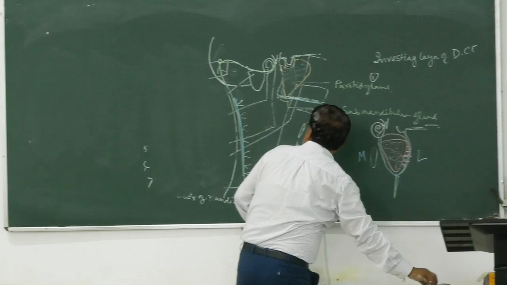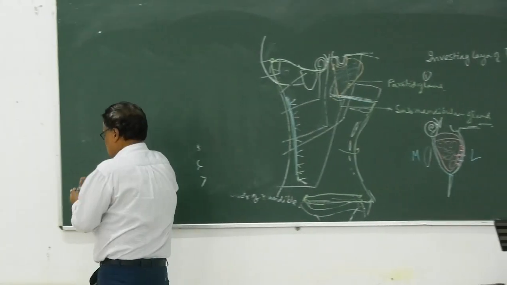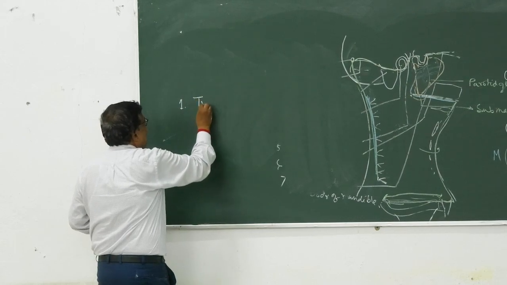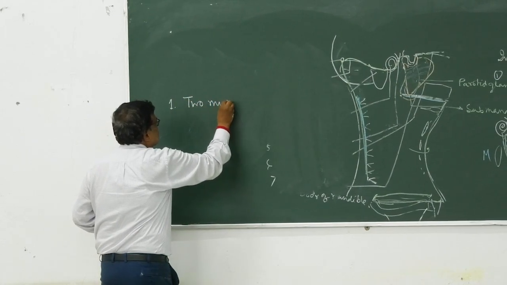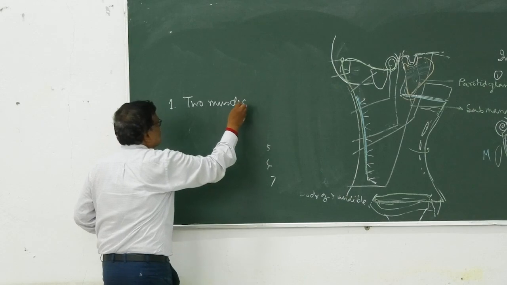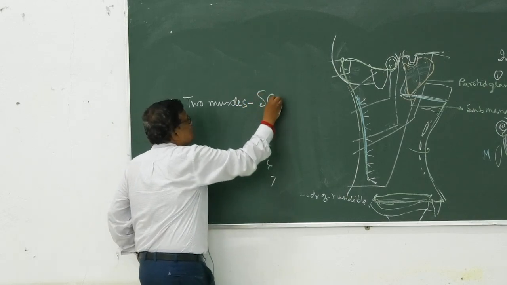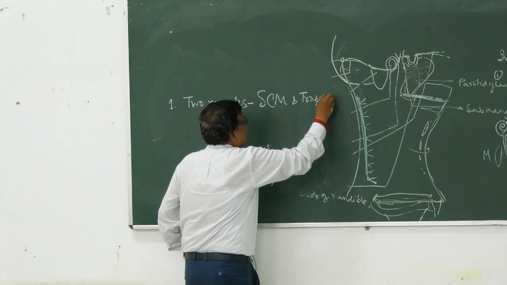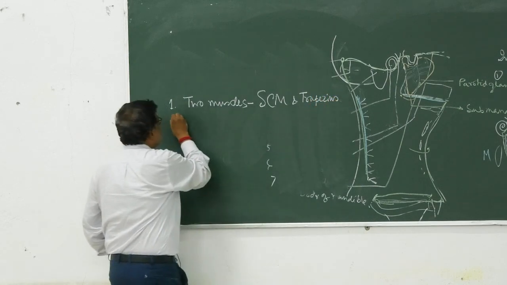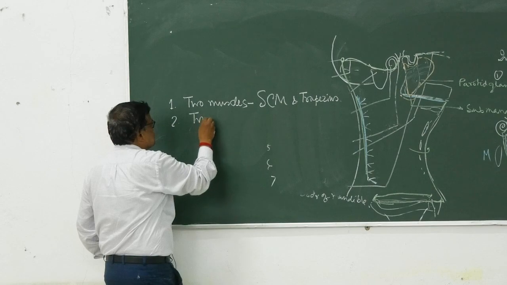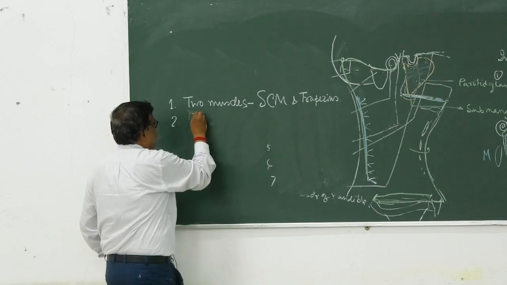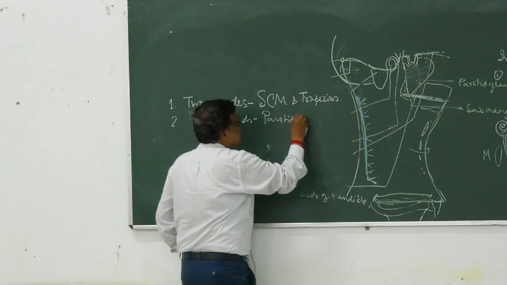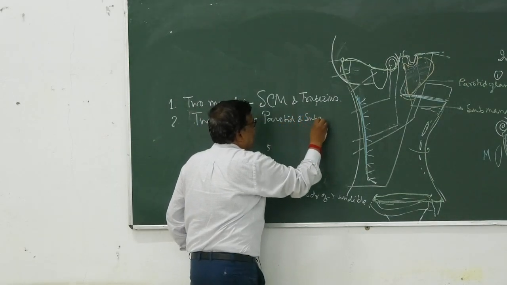Number 1, it splits into two muscles, sternocleidomastoid and trapezius. It splits to enclose two glands, parotid and submandibular.